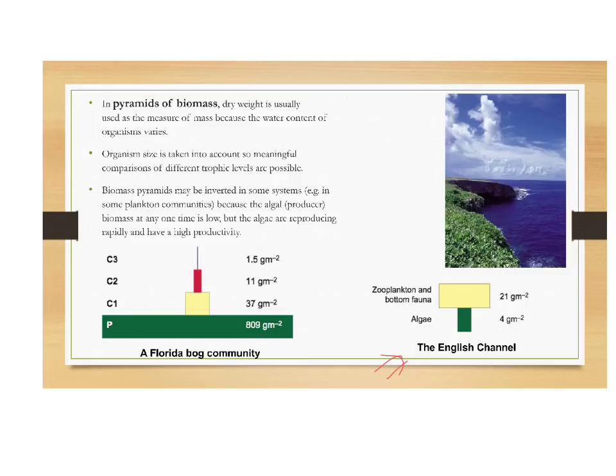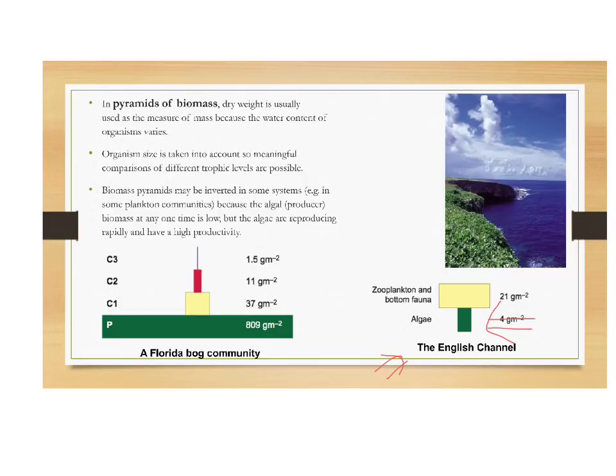So let's take a look right here. In plankton or protist communities, where there are photosynthetic protists, the algae right here, and of course, this is biomass, the algal producers' biomass is actually low, but they reproduce rapidly and have a high productivity.